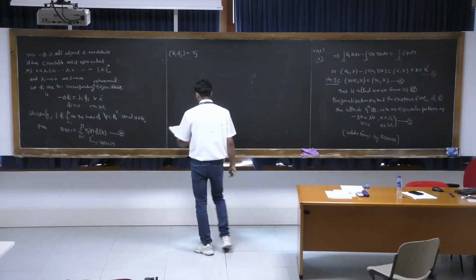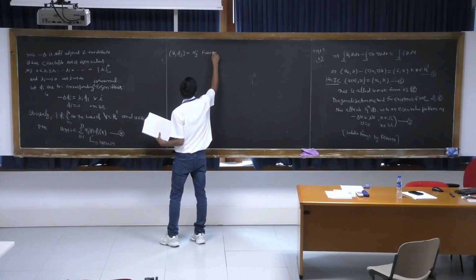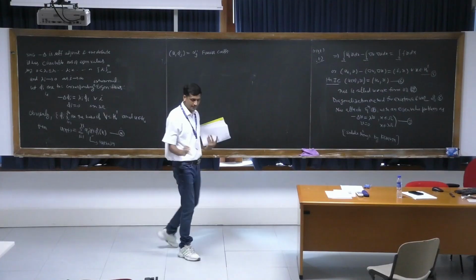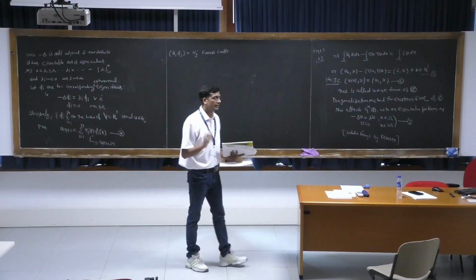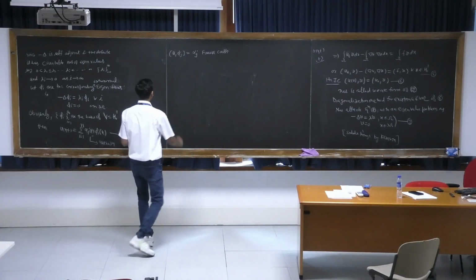So these are the Fourier coefficients. This comes from the Fourier series. I am not going into detail of Fourier series. You already know what it is and how to find this.